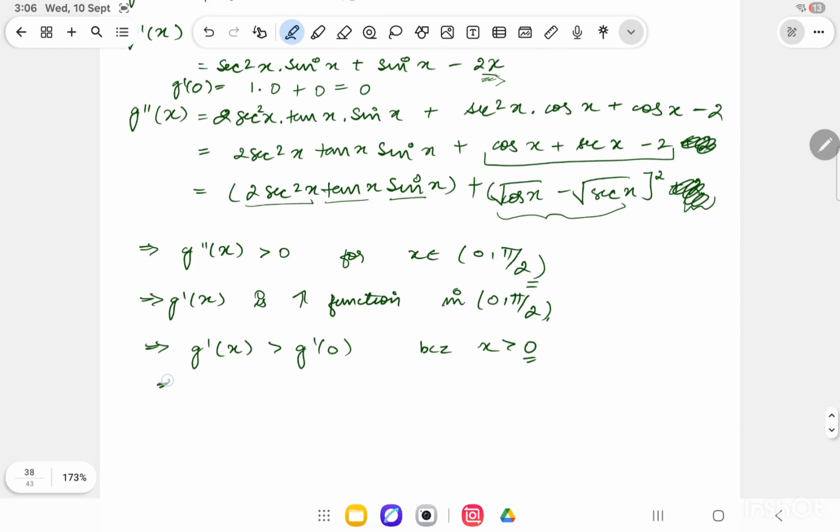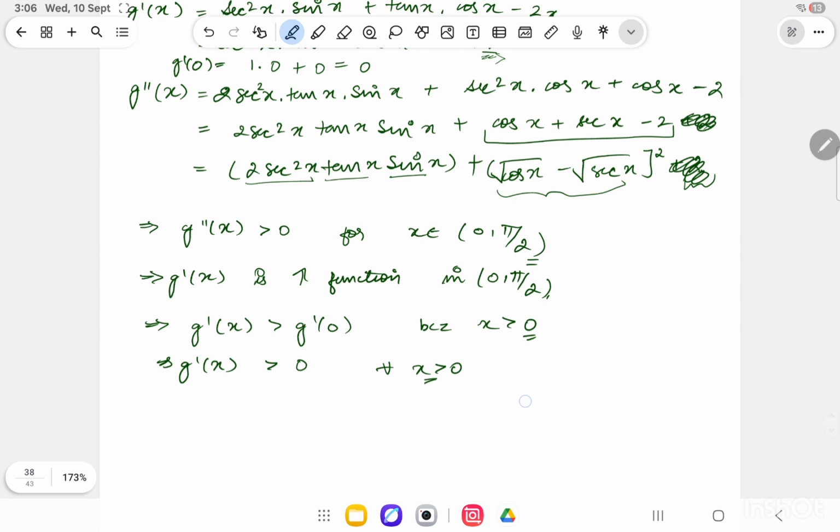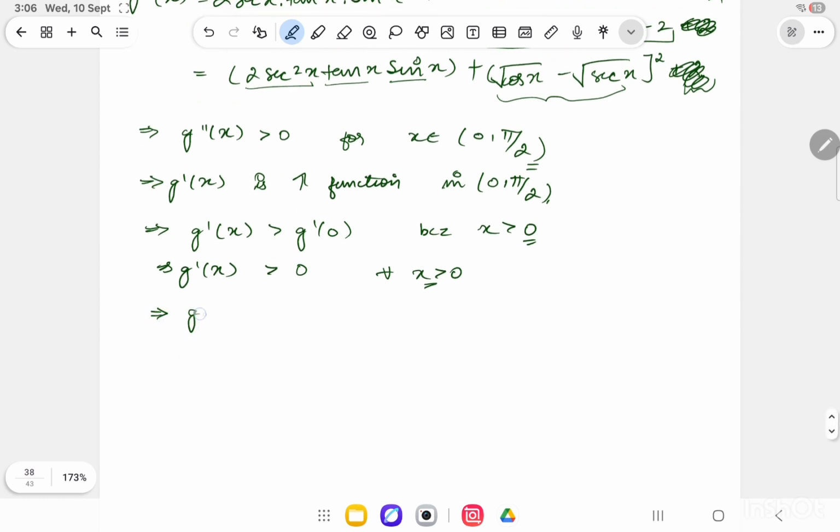So I got my g dash x as greater than g dash 0, that is 0, for all x greater than 0. So using this I can conclude that my g(x) function is increasing function for all x greater than 0 and less than pi by 2.